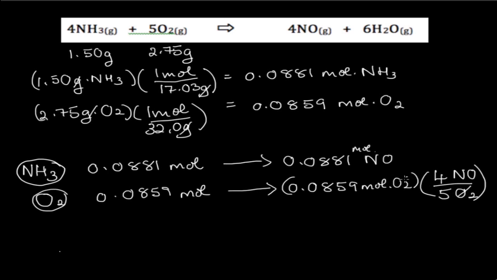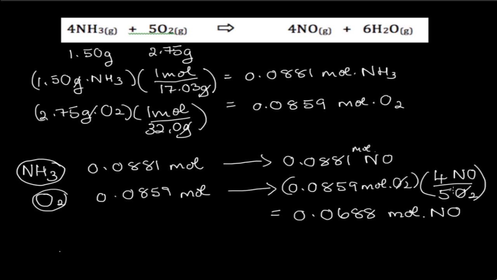So the oxygens go, and when we multiply it out, this gives us 0.0688 moles of NO.